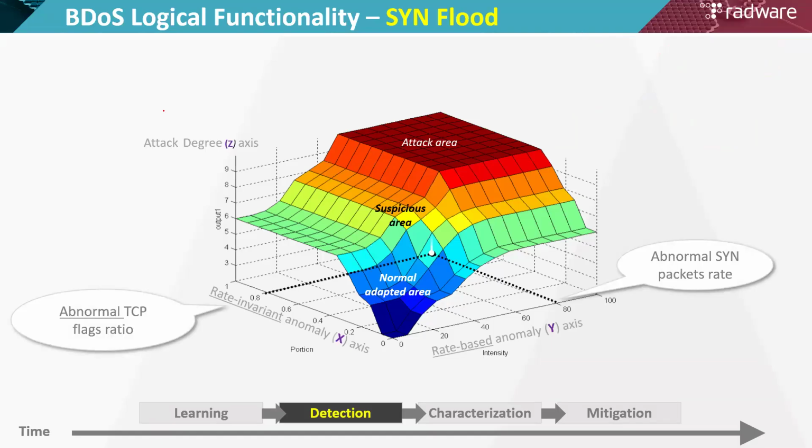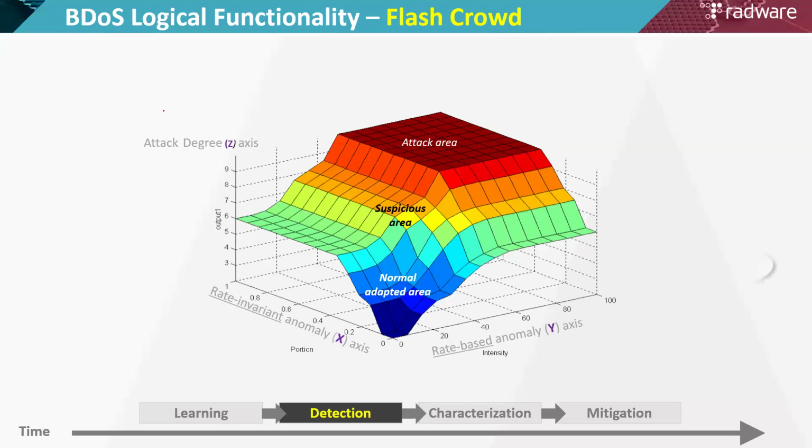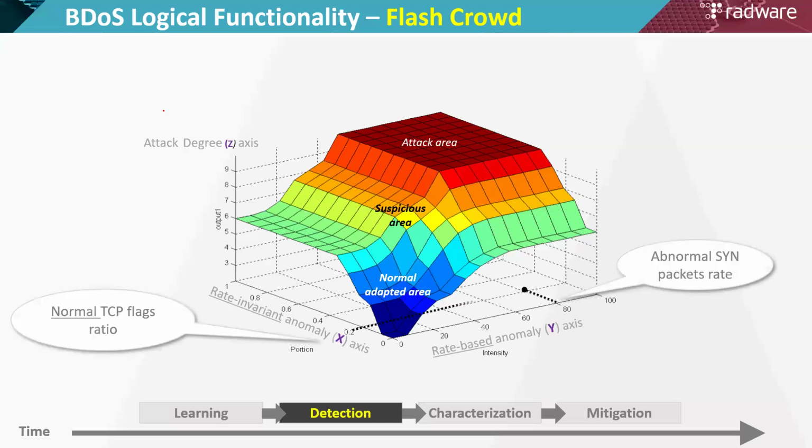If both of them deviate, the degree of attack would be high, and therefore it would be considered as attack traffic. But if only one of the parameters deviates, then it is well within the normal to suspect area. The degree of attack is low, and we are not considering it as attack traffic.